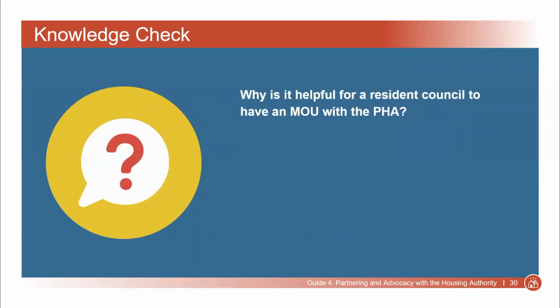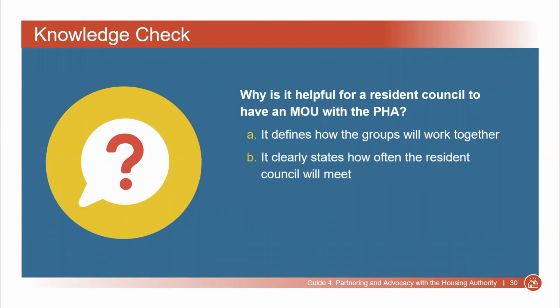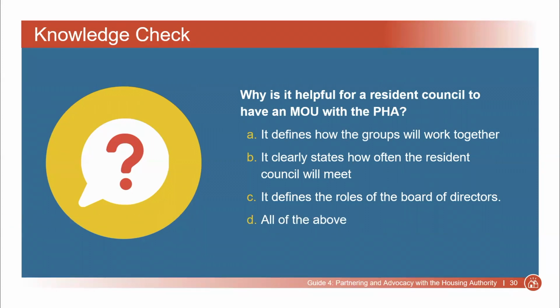Why is it helpful for a resident council to have an MOU with the PHA? A, it defines how the groups will work together. B, it clearly states how often the resident council will meet. C, it defines the roles of the board of directors. Or D, all of the above.